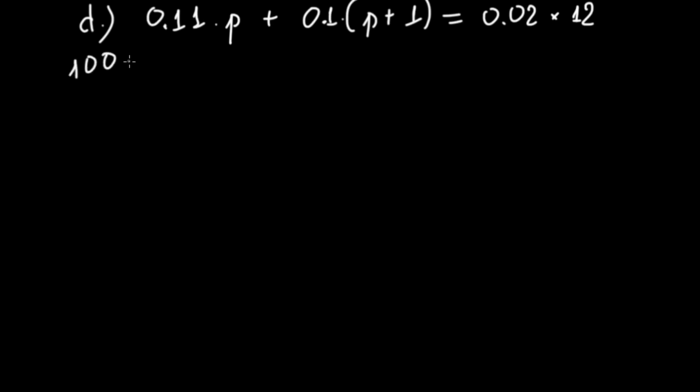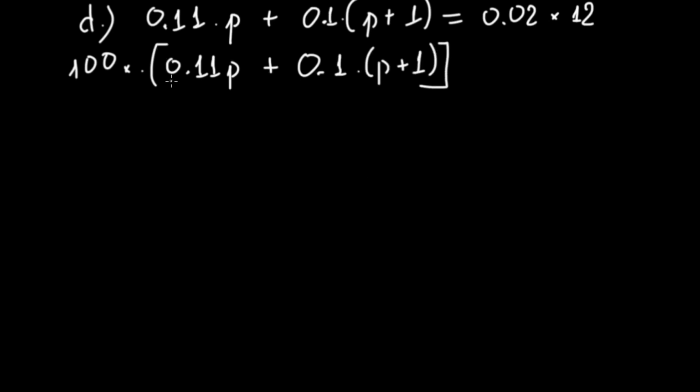So let's multiply both sides by 100. We use the multiplication property of equation, right? And the right hand side, we multiply by 100 too.